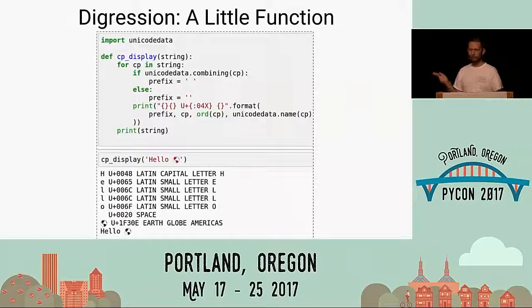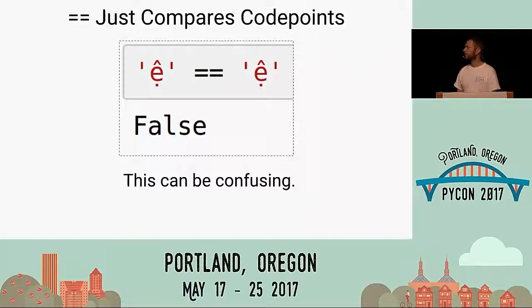And it's also available for you to use. If you want to know what version of Unicode it's based on, there's an attribute on there to tell you that. And that's where we get the names for each one. So you can see in the output of this function, it's 1 line per code point, and at the bottom you have the string itself rendered. So this can be confusing.